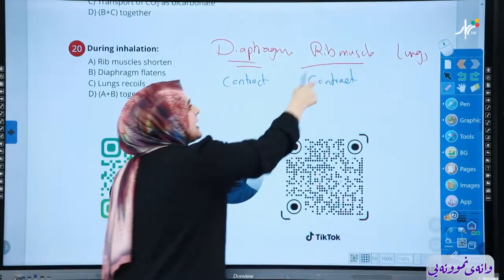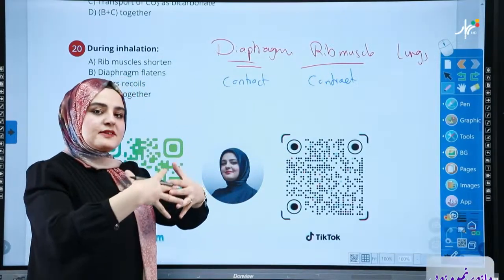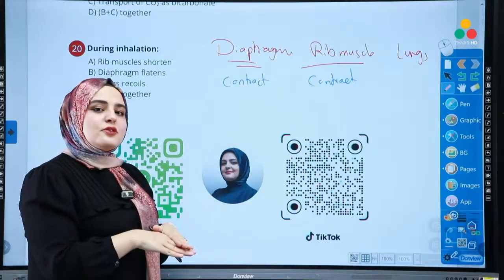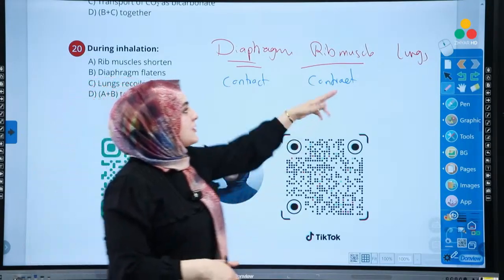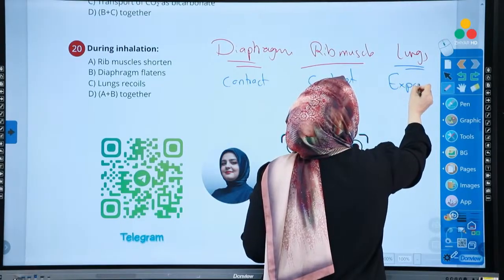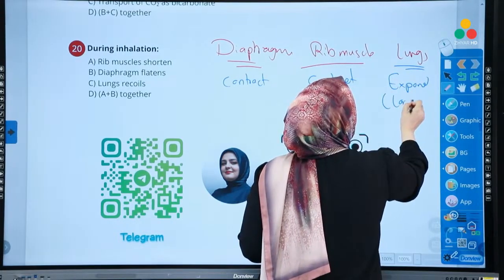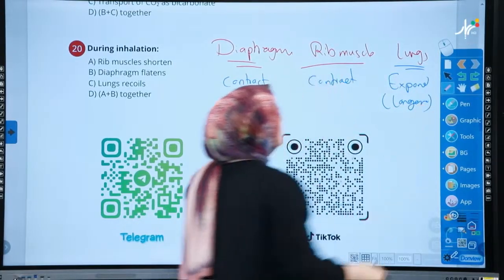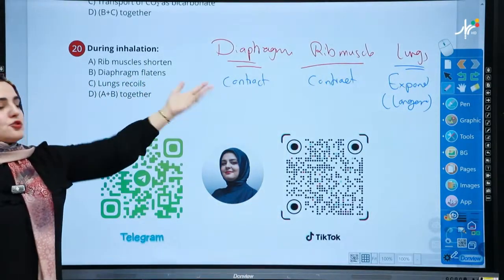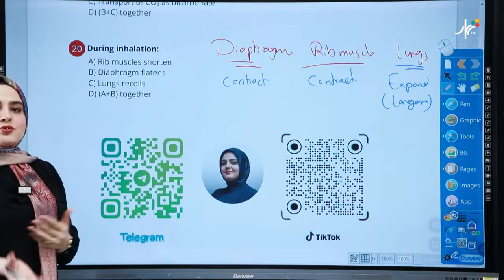This is contracting and creating more space upward and outward, while the diaphragm is going to create vertical space for the lungs to expand, getting a larger volume. Fine? But what you don't see here are the words contract, expand, and getting larger or smaller.